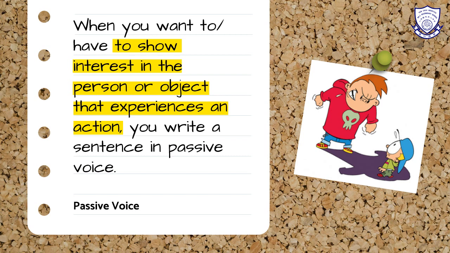You may even say the little boy is going to be beaten very soon. Okay, is going to be beaten. That is the verb form in passive voice. And I'll explain more in the coming slides.